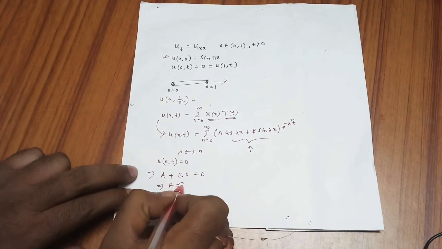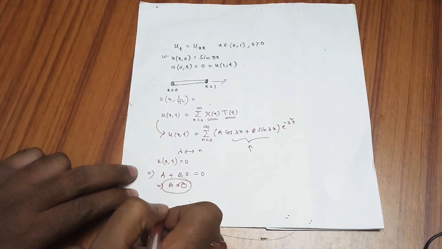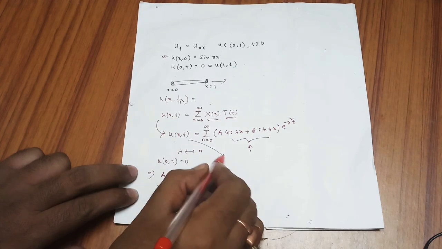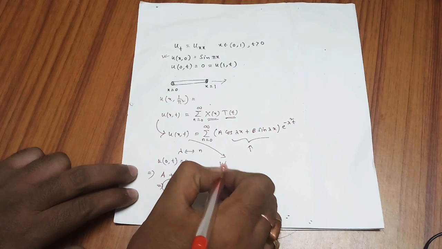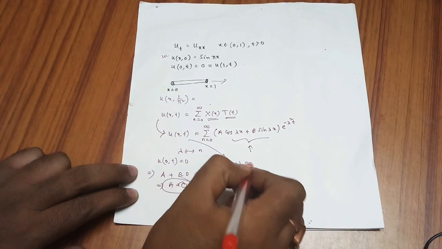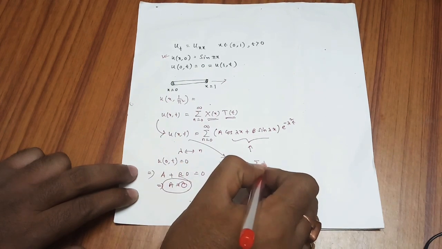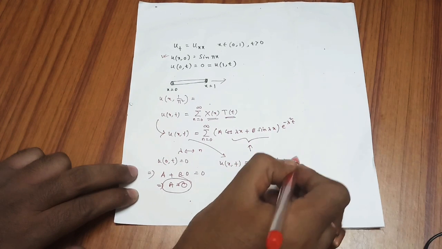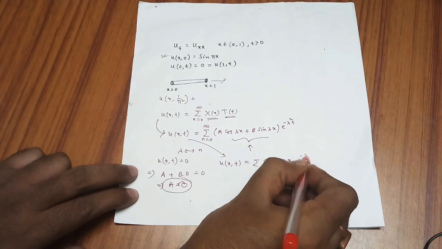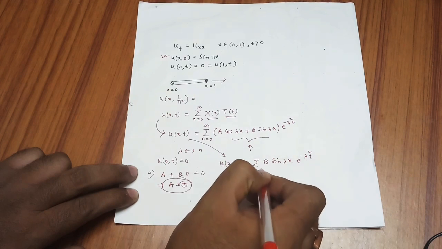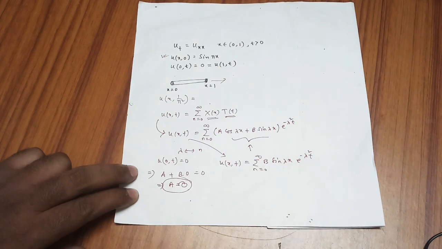That is, a equals 0. So u(x,t) reduces to b sin(lambda x) e to the power minus lambda squared t, still with the summation over n equals 0 to infinity.